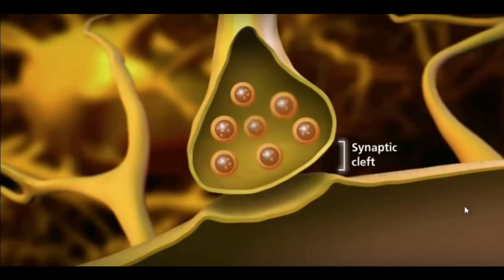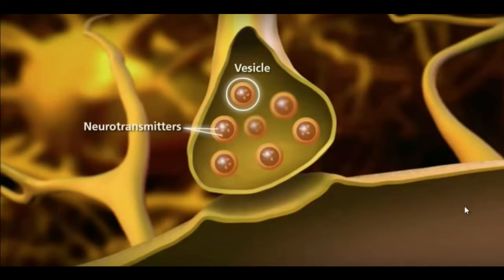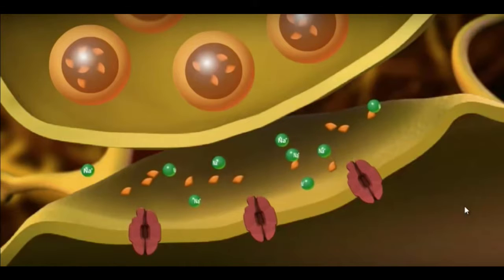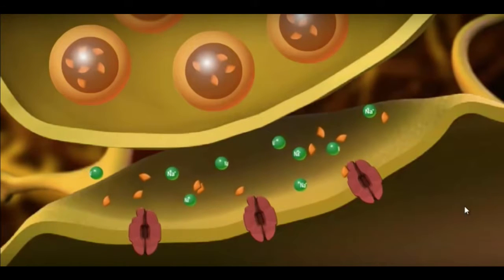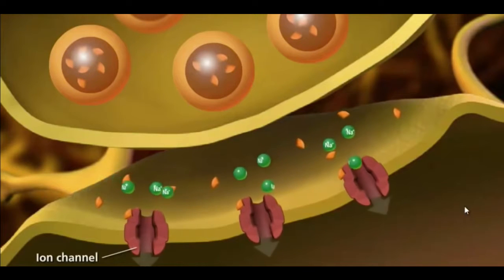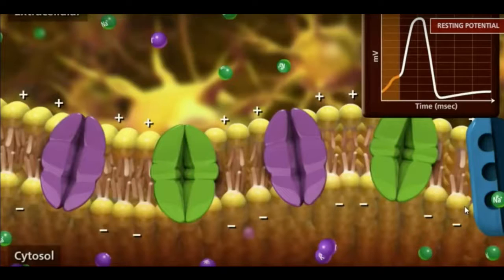And we won't go into this in much detail here, but the action potential causes vesicles containing some neurotransmitter to be exocytosed into the synapse. And those neurotransmitters then bind to a particular neurotransmitter receptor on a receptor site, which tends to open an ion channel.